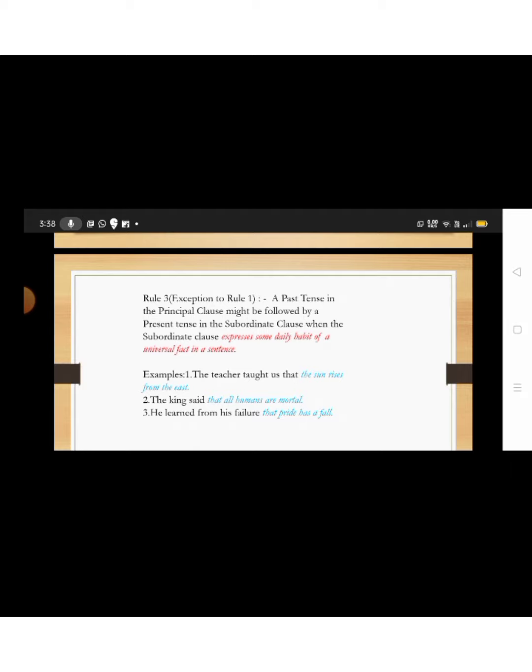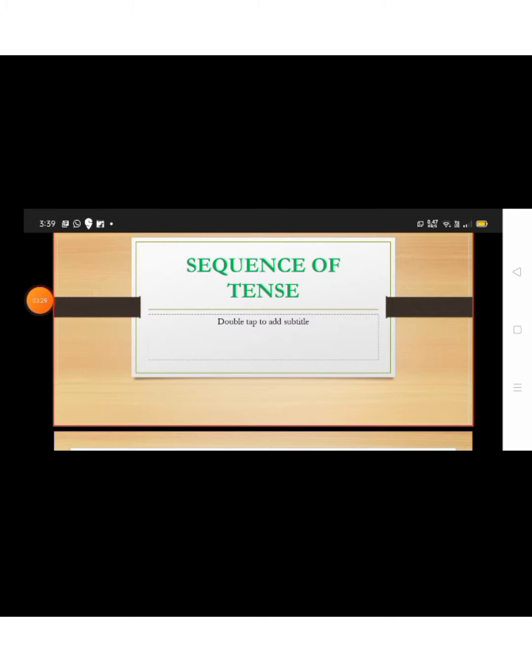That means if the thing is a universal fact, then we have to use present tense in the subordinate clause. Like, the teacher taught us that the sun rises from the east. The sun rises from the east is a universal fact, so we have to use present tense in the subordinate clause. Children, this is all about sequence of tenses.